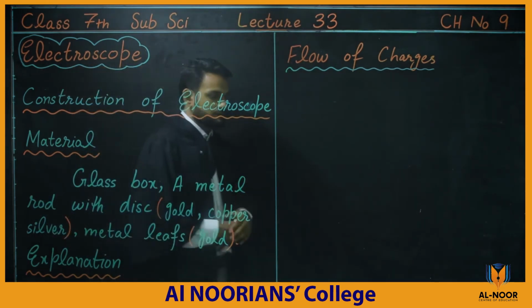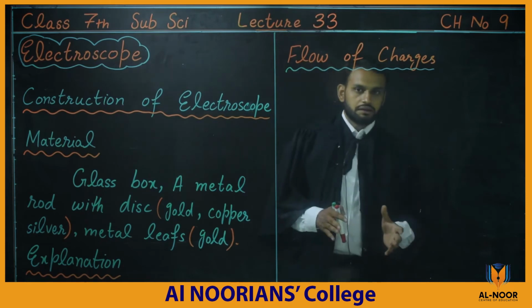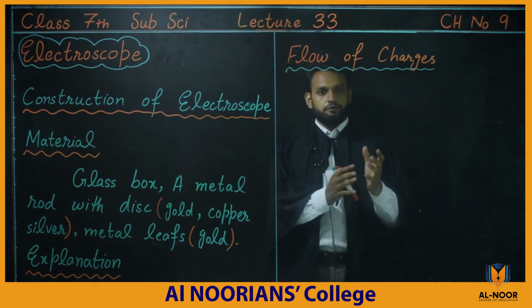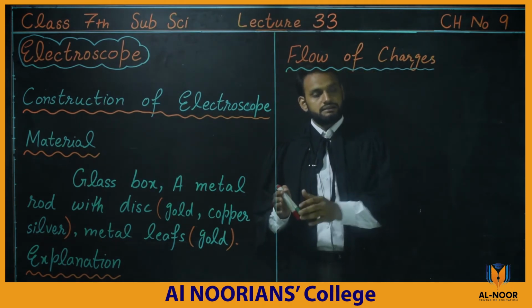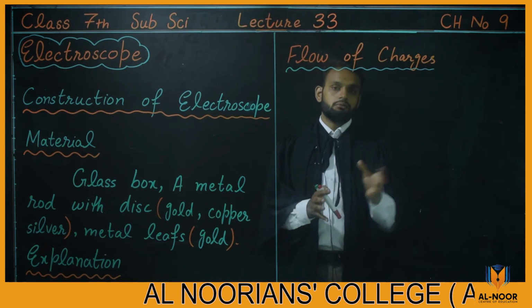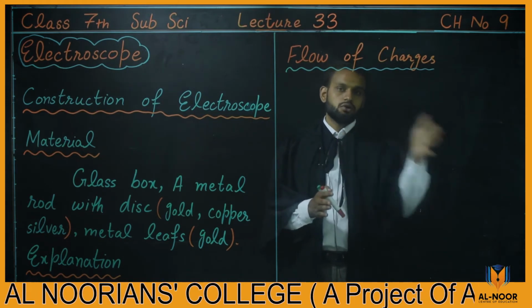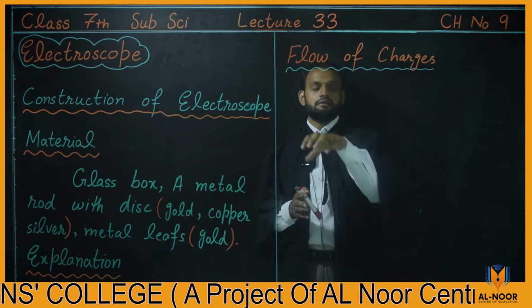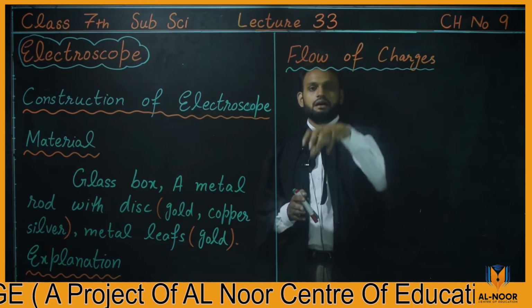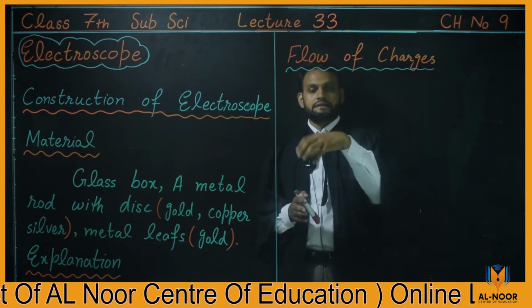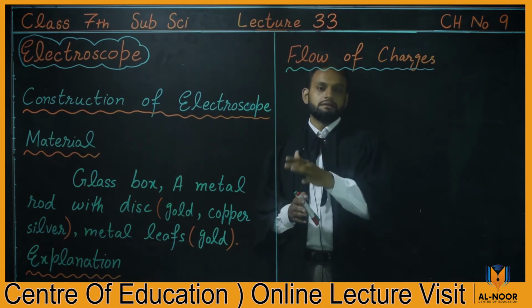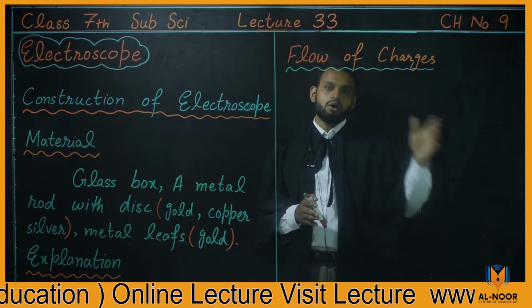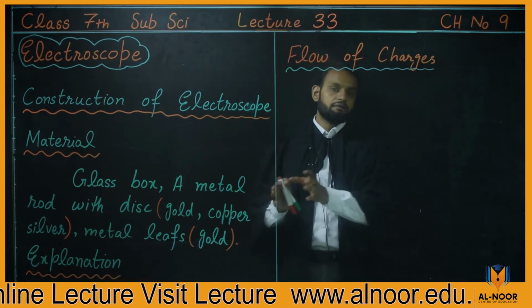As I discussed in the previous lecture, just like water flows from high to low level, charges also move from high potential to low potential. It means where charges have excess amount, they transfer from excess level to a lower level.